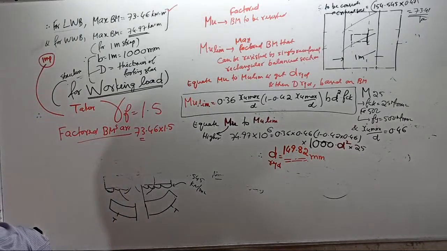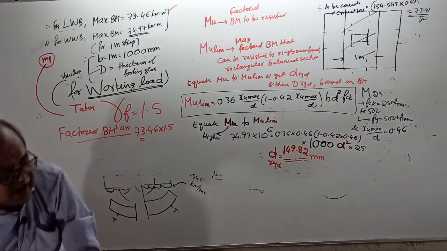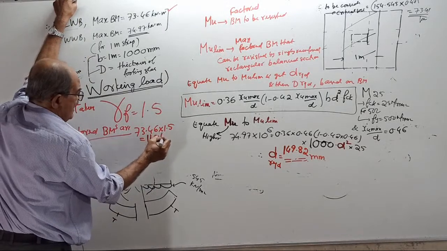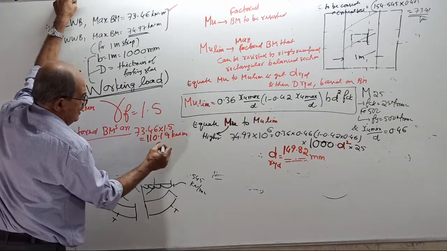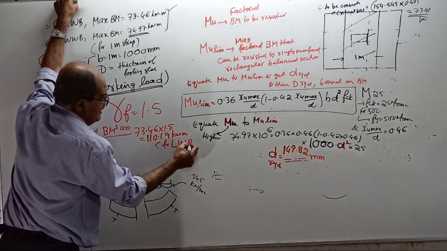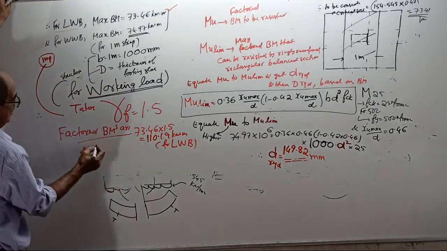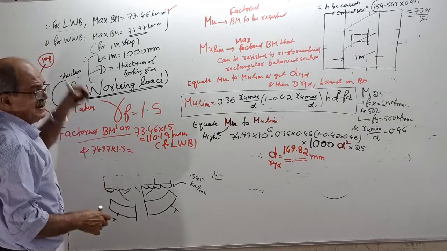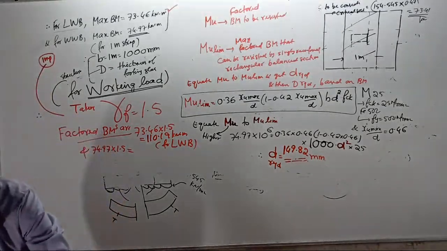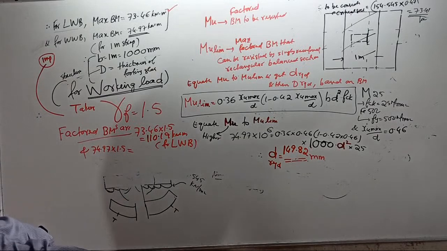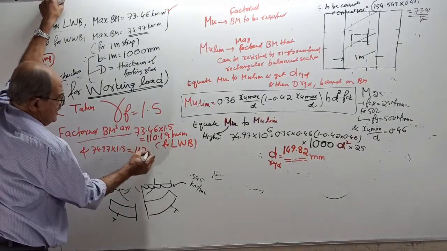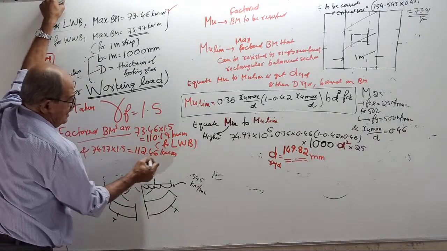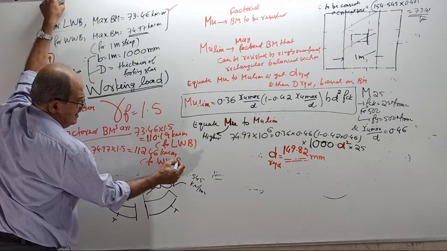Who will come to your rescue? 110.19 kN meter for lengthwise bending. And 74.97 into 1.5 equal to how much? 112.46 kilonewton meter for widthwise bending.